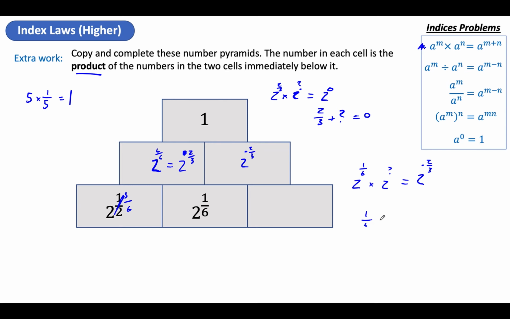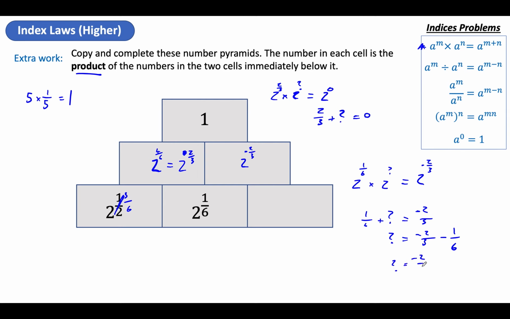So 1/6 plus something equals minus 2/3. Well, let's do our basic solving here. Let's take away 1/6 from both sides. So that's minus 2/3. Take away 1/6 will be the power I need.